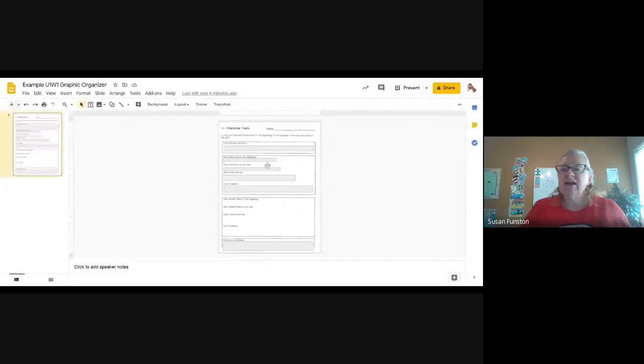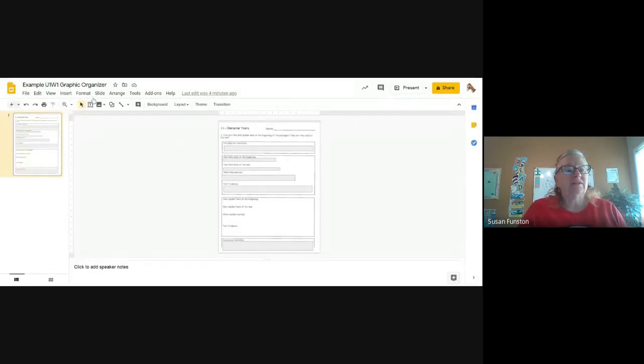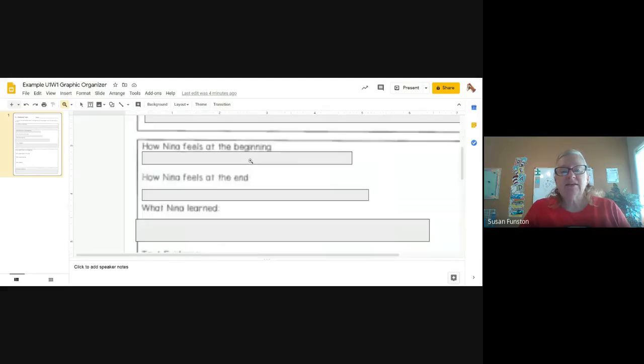So first thing I'm going to share with you is a graphic organizer that is attached, so you have a copy for yourself. You should have a graphic organizer that looks similar but does not have all these boxes in it. I'm going to make this a little bigger so we can see it.